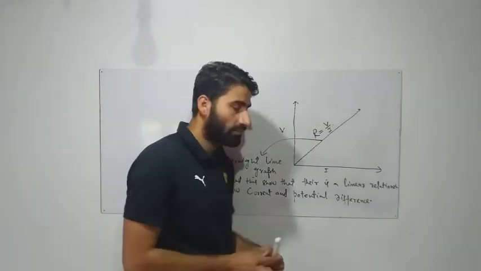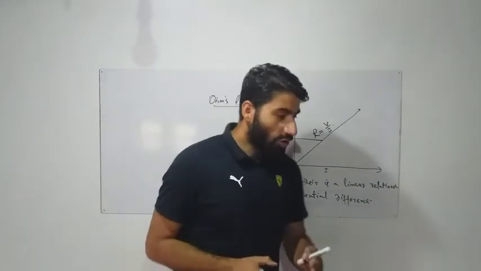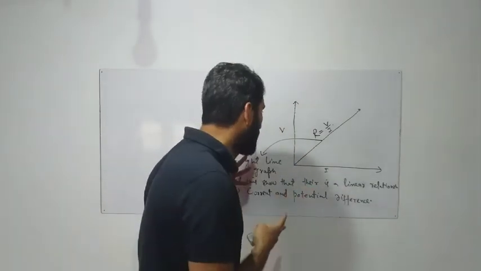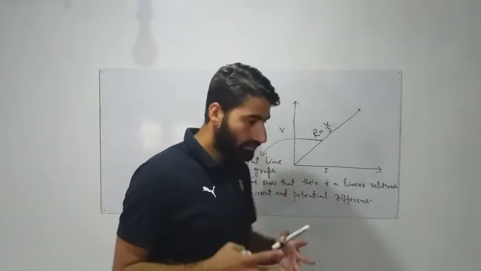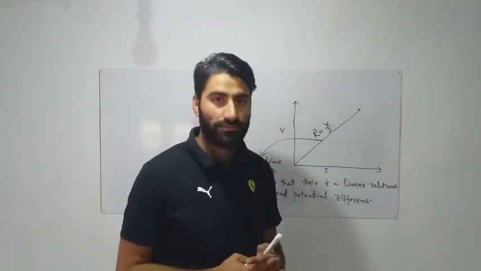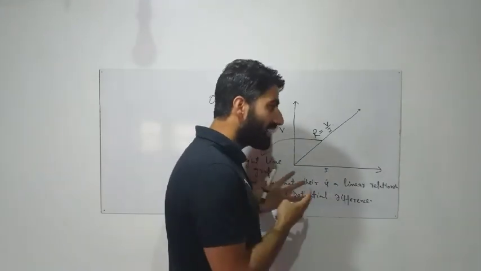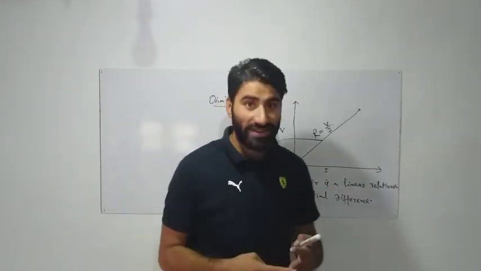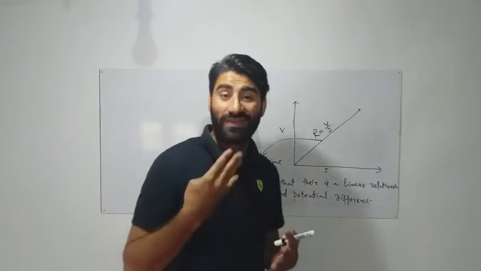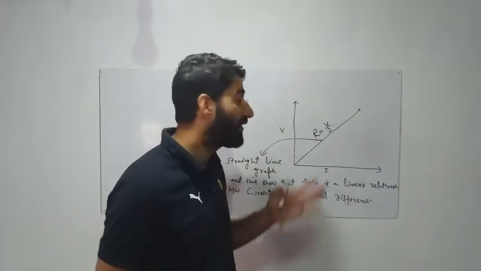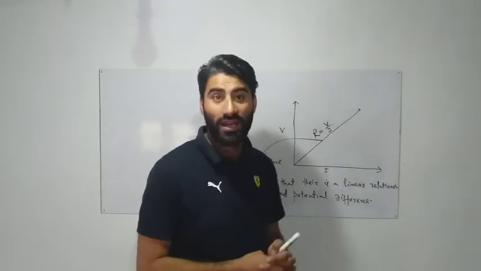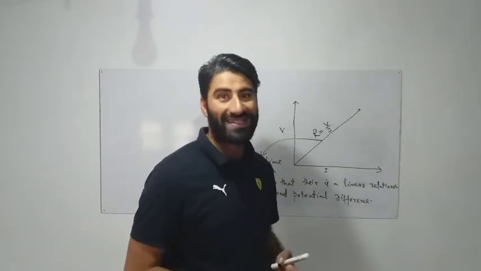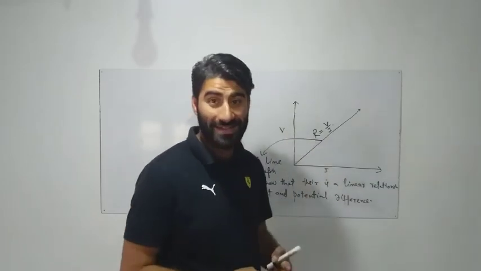All right? So, dear students, till now we discussed some important things regarding Ohm's law. First, we understood what is Ohm's law, and then we saw that Ohm's law relates the potential difference and electric current, and we found the proportionality constant, that's R, and we call this resistance.